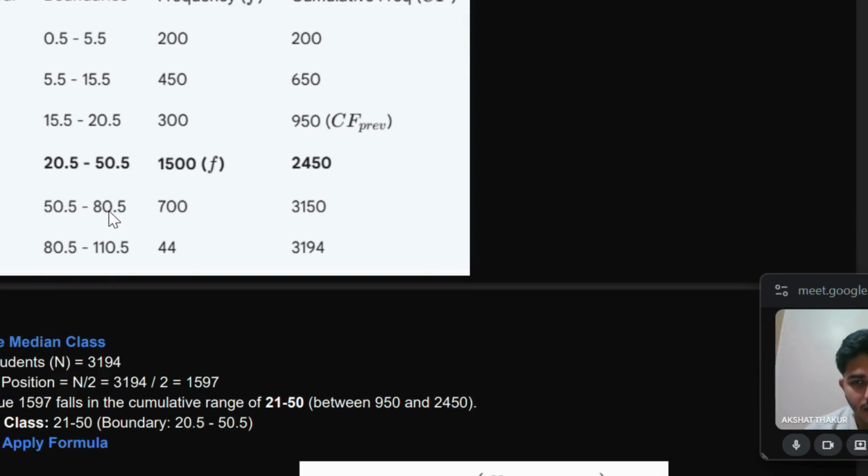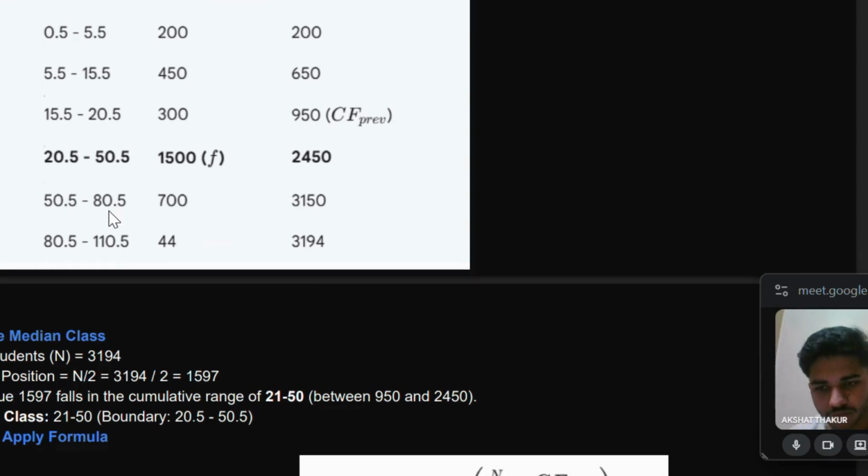3194, and the median position n by 2 is 1597, and the number closest to it is 1500, so we will select 2450.